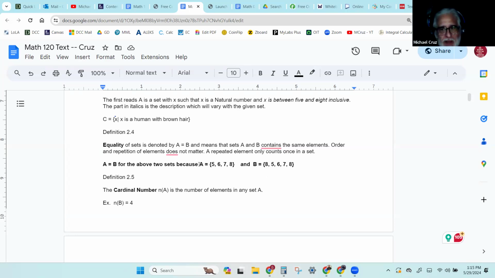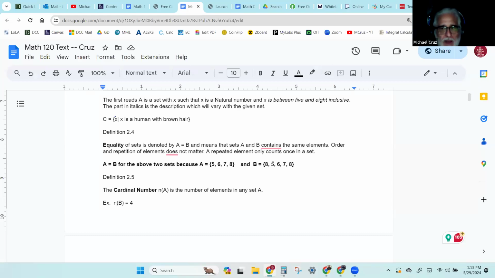All right, but here's set A. It's 5, 6, 7, and 8. And B is 8, 5, 6, 7, and 8. Are those two sets equal? I'm kind of saying they are, but are they the same? Well, they have two 8s, but as long as we have one 8, we're all right. So we only count it once.